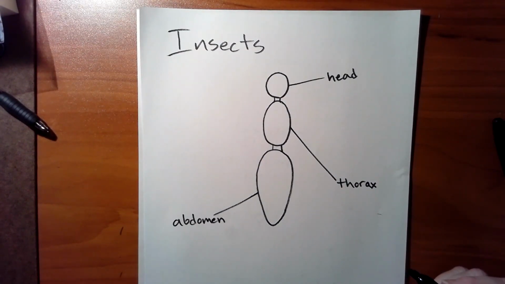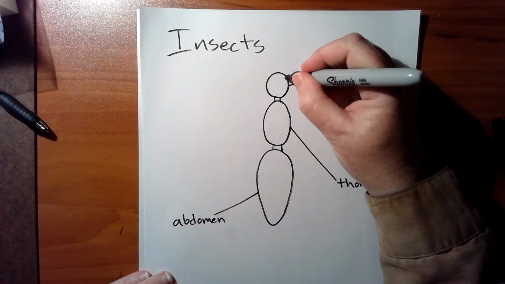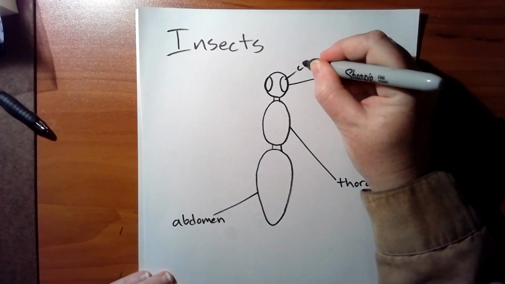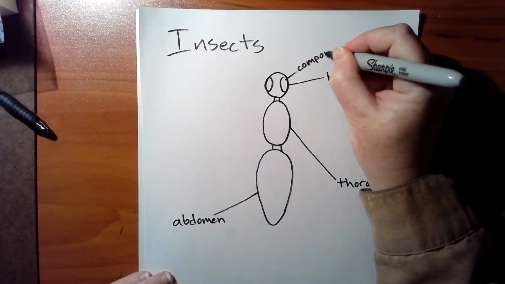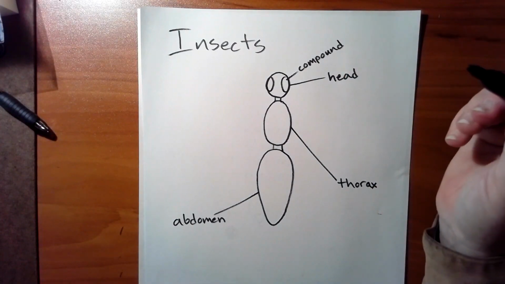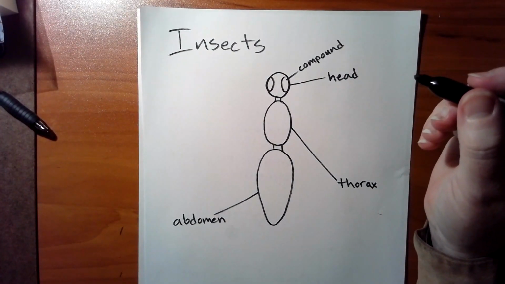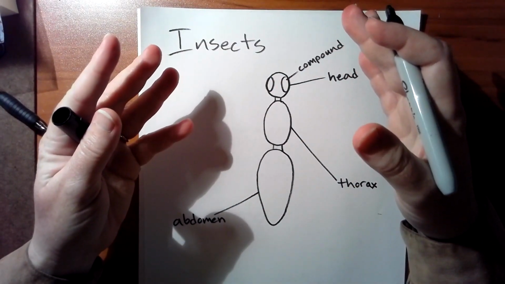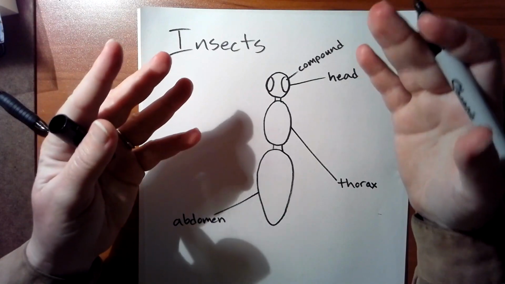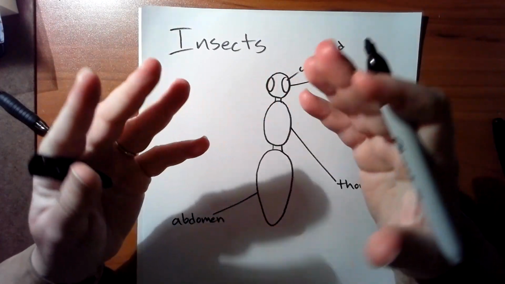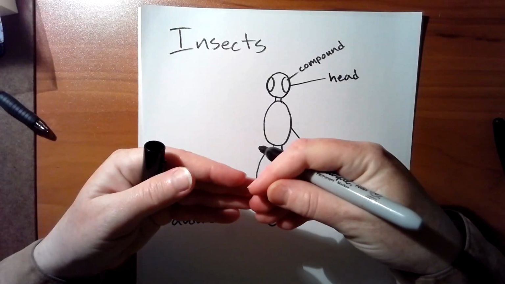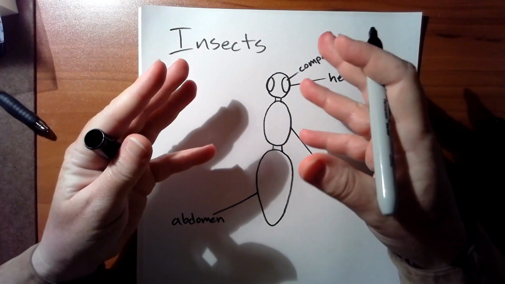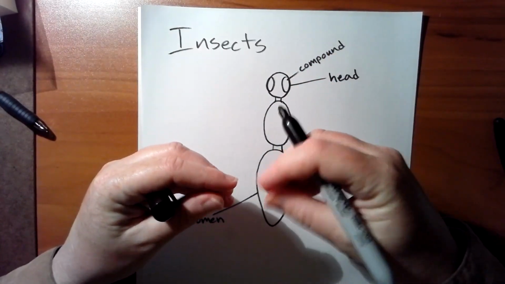Alright, these animals all have at least one set of compound eyes. That means that instead of having one eyeball that looks out, they actually have a lot of mini eyeballs, in a way. Mini seeing units, I really should say, that all work together to plug into one optic nerve. So it's like a bunch of cameras working together to make one picture for the insect.